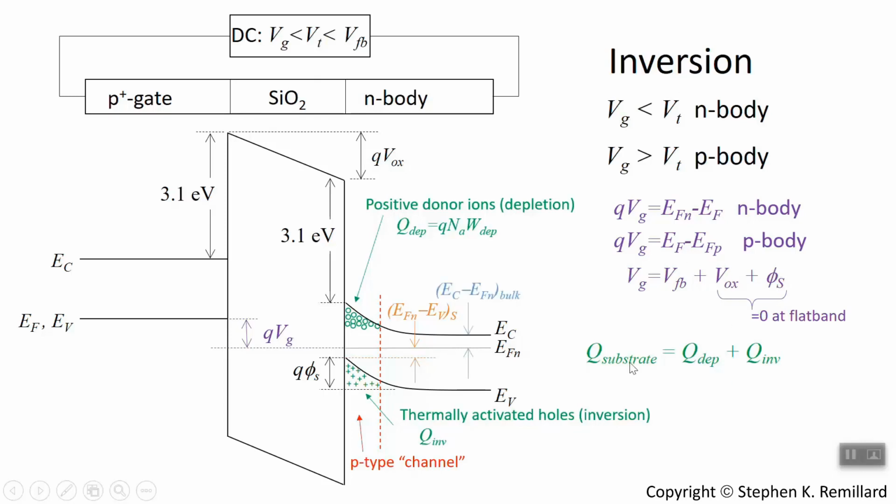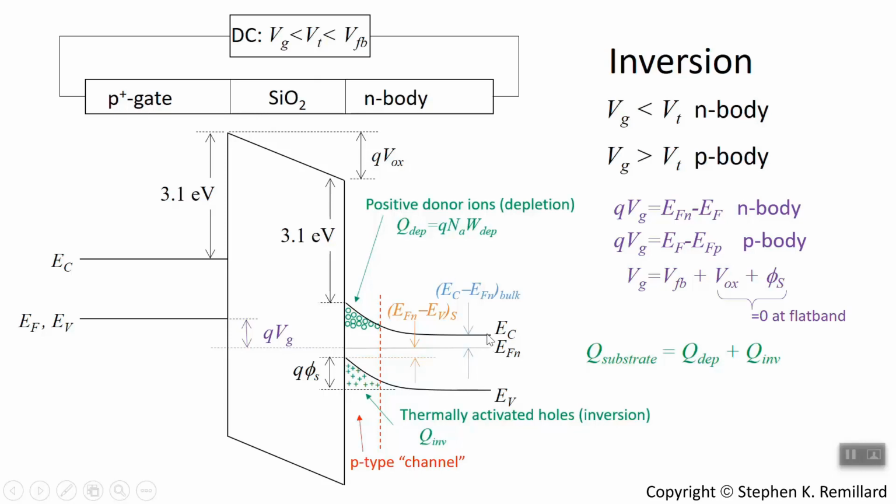This is really important. These two things that just appeared here will help us to define the condition that makes inversion happen. That is the condition where the surface becomes the other type of semiconductor. So let's look at these two differences here. Look at where the valence band arrives at the interface, and look at the difference between that energy and the Fermi energy.